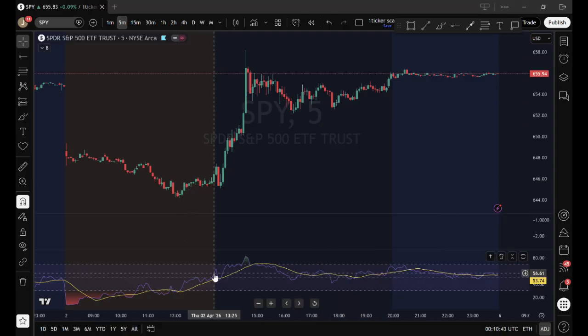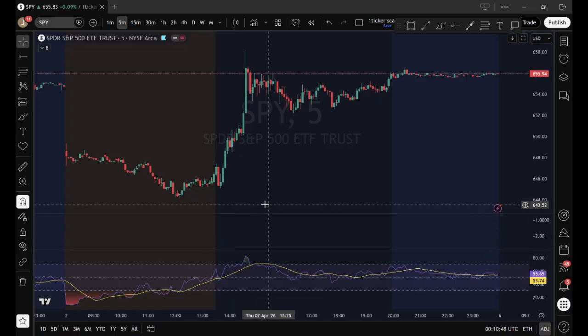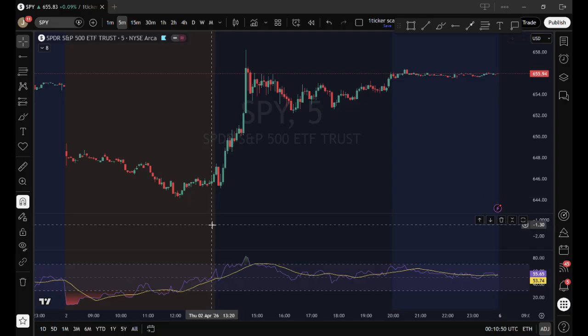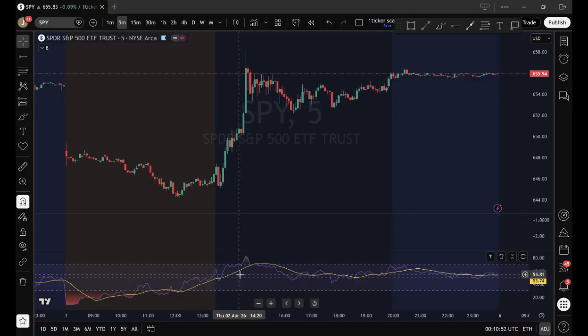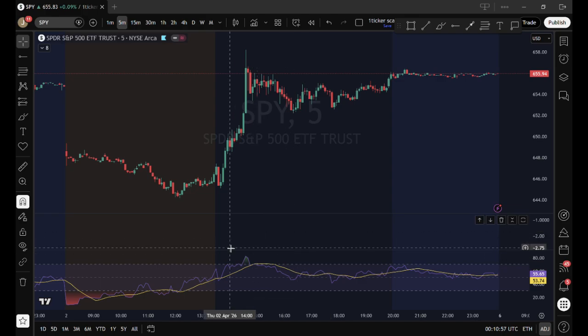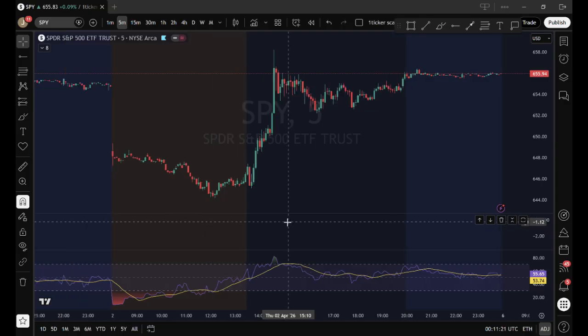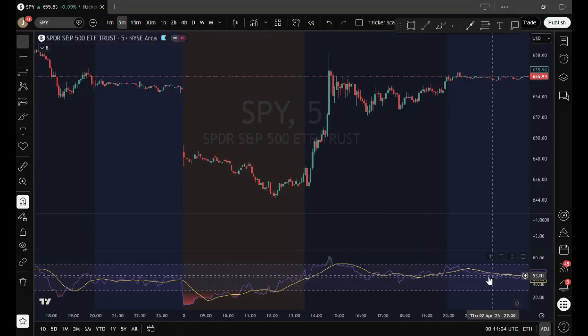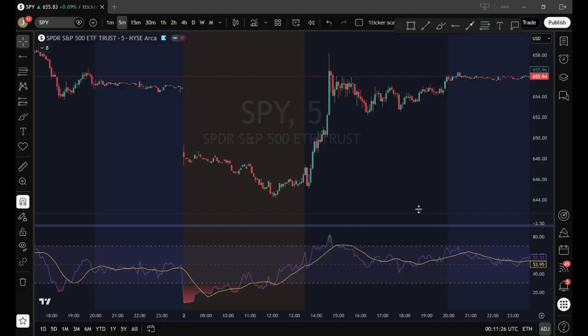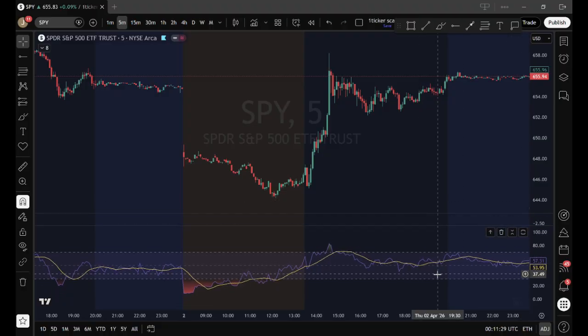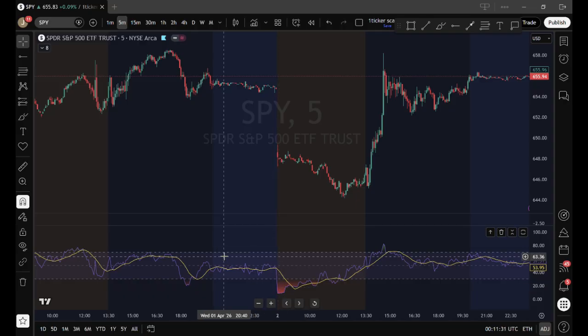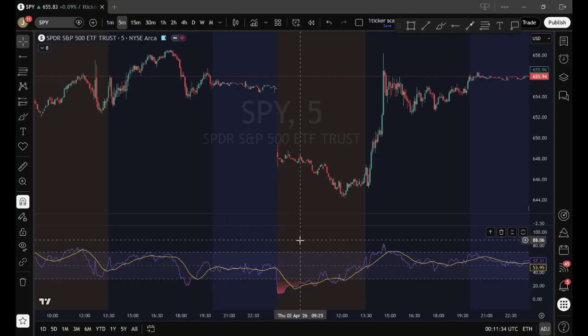But just because the RSI said this, it doesn't mean I jump in. I always have to wait for other confirmation. This video is just to show you the RSI, and we'll jump into more depth whenever we combine all indicators together. But you can see oversold down here, overbought up here.